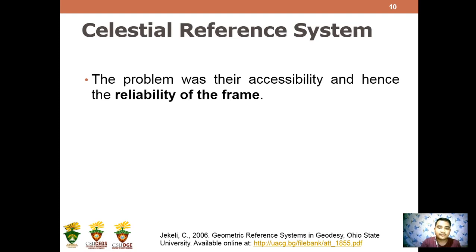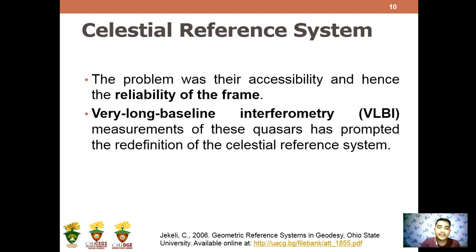Next, the very long baseline interferometry, or VLBI, measurements of these quasars has prompted the redefinition of the celestial reference system. VLBI is the measurement of the stars and quasars from the surface of the earth.